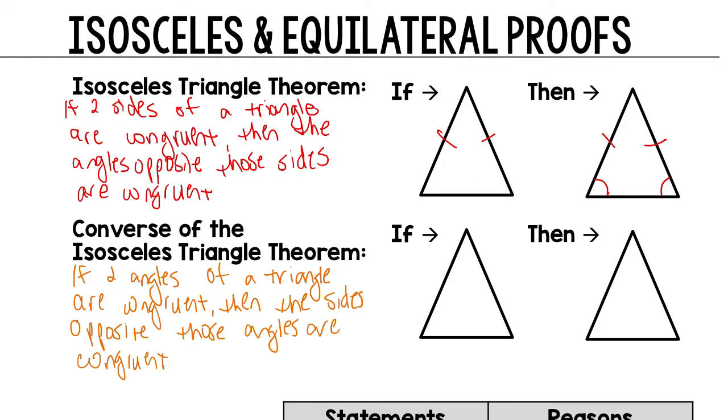So this says if we've got a triangle and these two angles are equivalent, then we can say that the two opposite sides are also congruent.